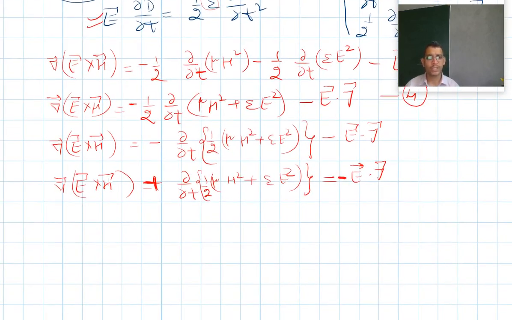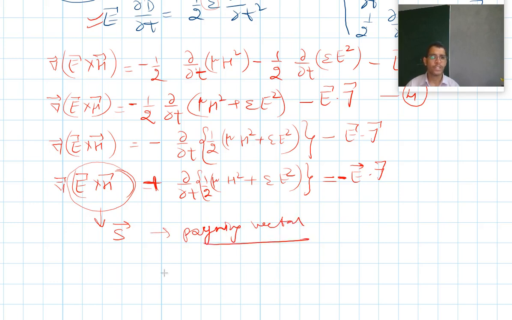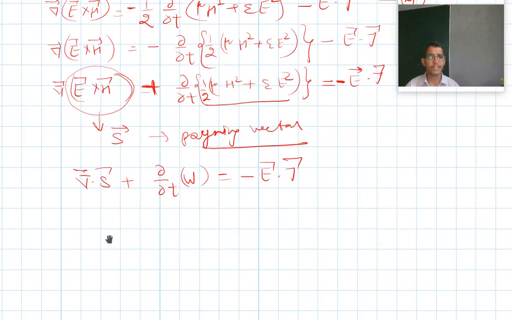Here we call this quantity S vector, and this is known as Poynting vector. I will talk about it later in this lecture. So it means del dot S plus curly over curly t of W, calling this quantity W, is equal to minus E dot J.